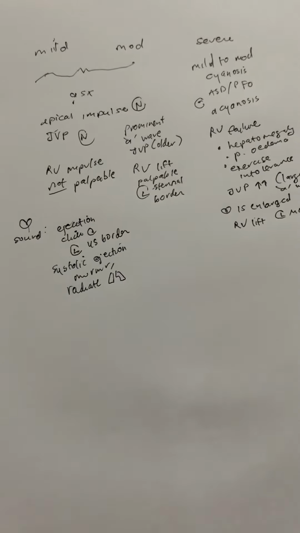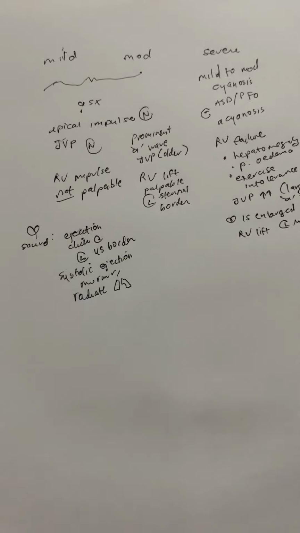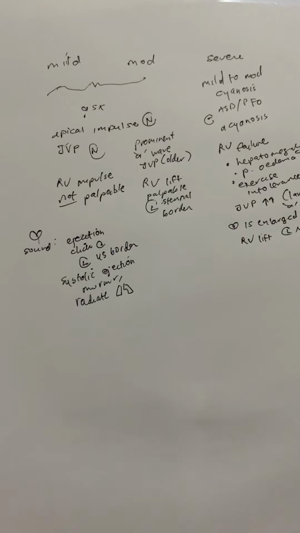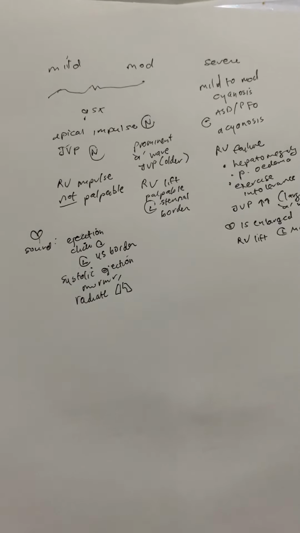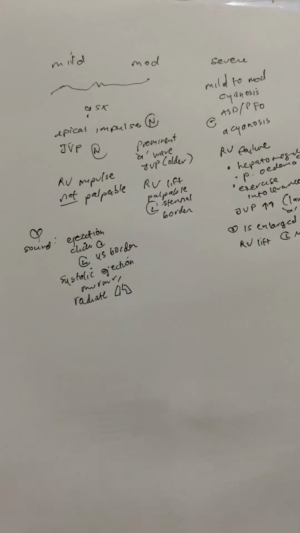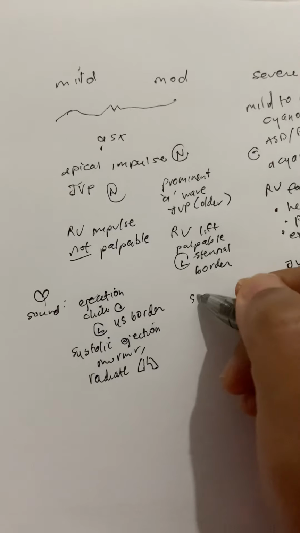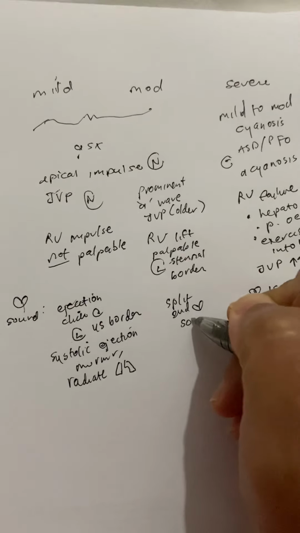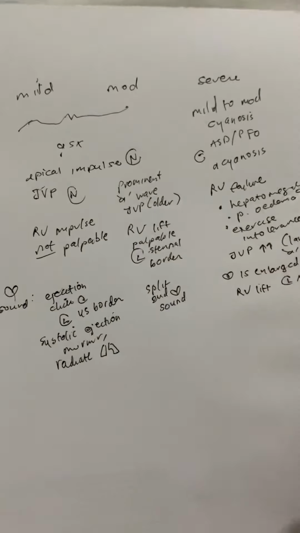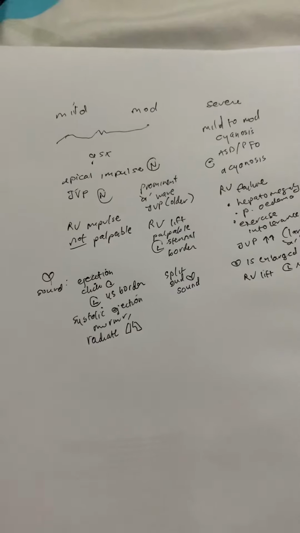And for the moderate pulmonary stenosis, there will be a split second heart sound. This is the delayed and soft pulmonary component. Actually, normally the heart sound is also split.